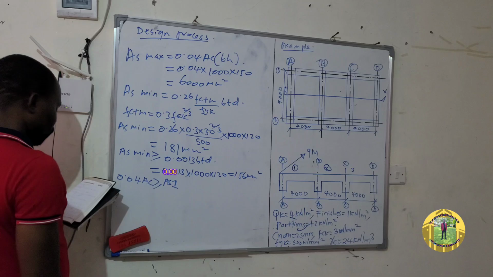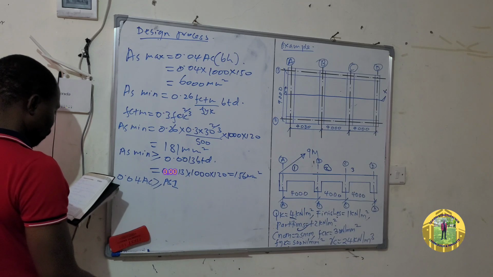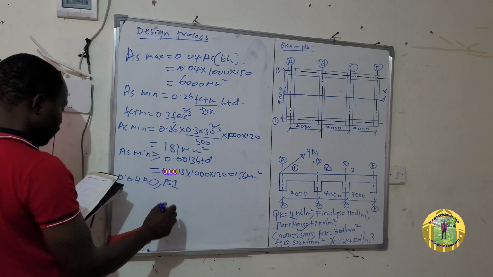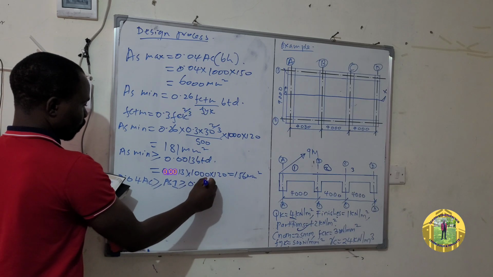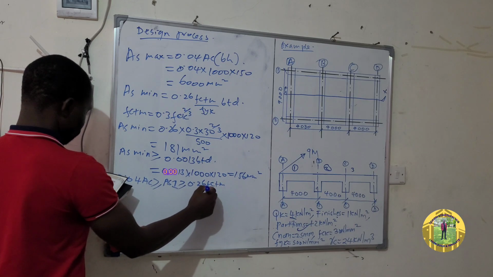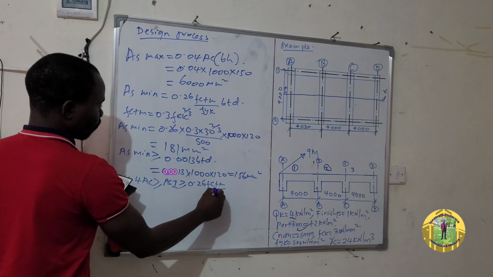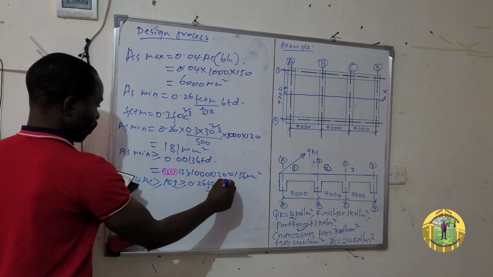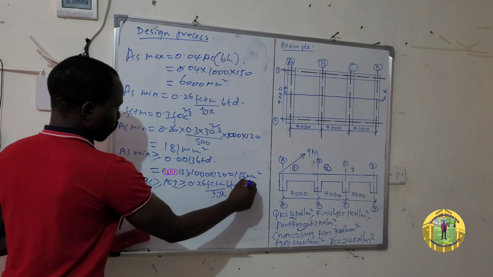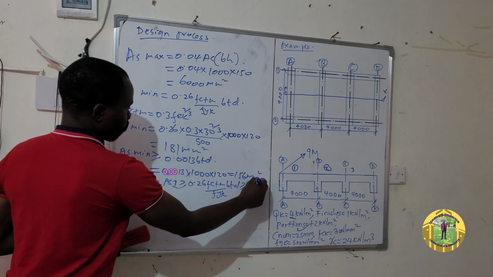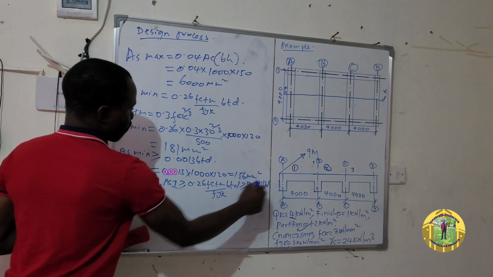So this is the area of steel required, not the area of steel provided, and this one must be greater than 0.26 FCTM over FYK BTD, and must be greater or equal to 0.0013 BTD.